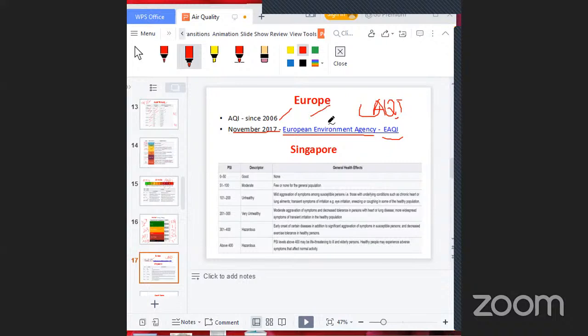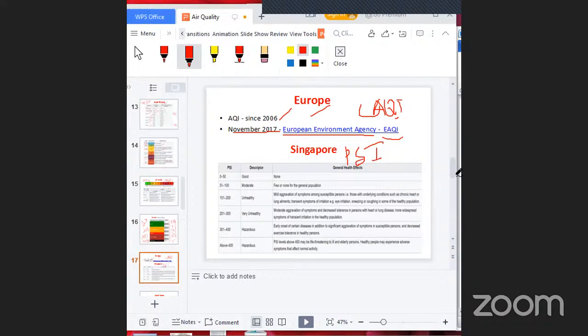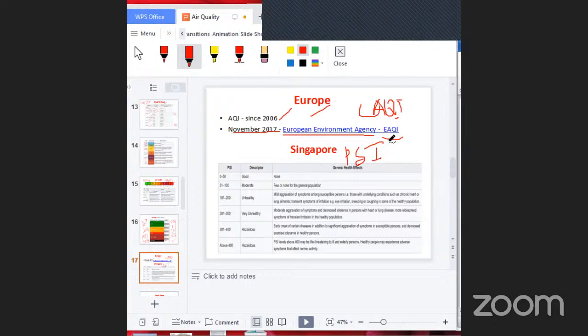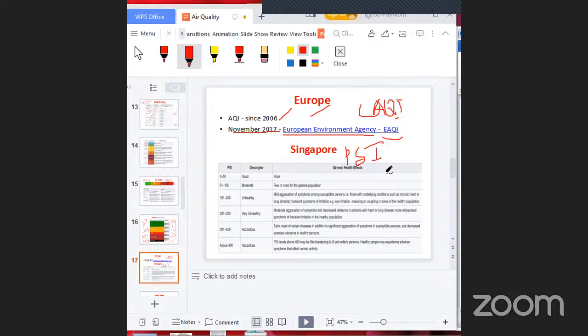And Singapore uses the Pollutant Standards Index, PSI, to report on its air quality, with details of the calculation similar but not identical to those used in Malaysia and Hong Kong. The PSI chart below is grouped by index values and descriptors according to the National Environmental Agency.